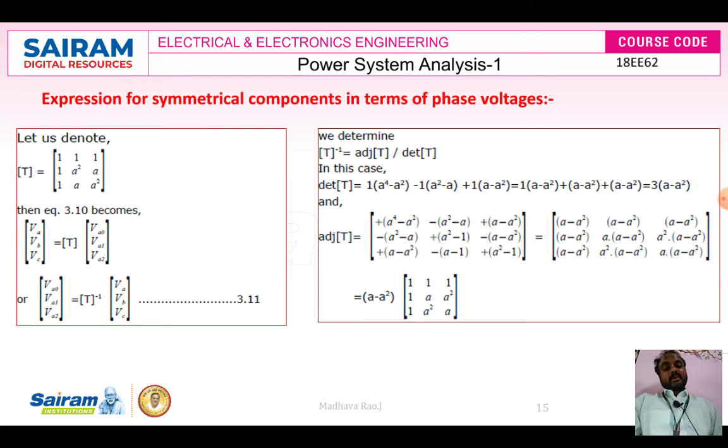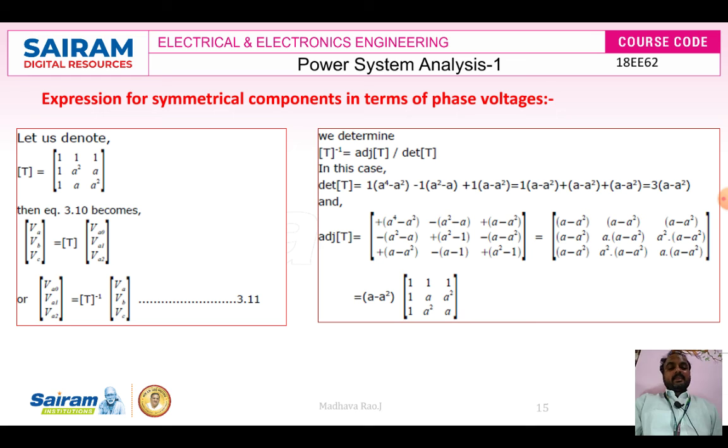Symmetrical components VA0, VA1, VA2 we will write in terms of VA, VB, VC. Here we have a 3 by 3 matrix that we call T. So T is 1 1 1, 1 a square a, 1 a a square.